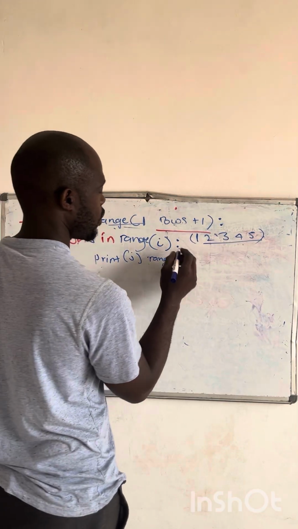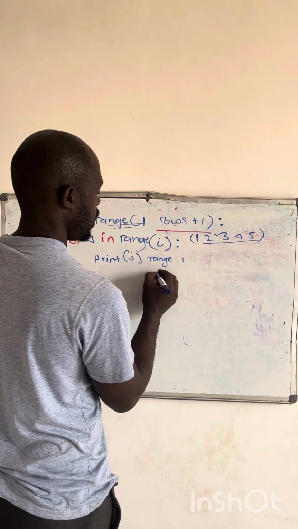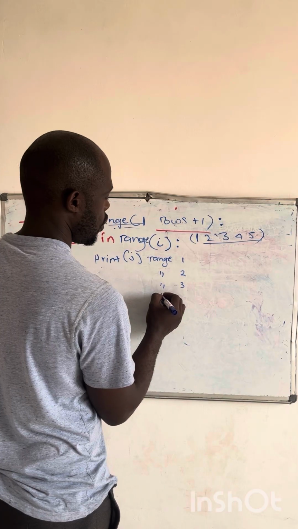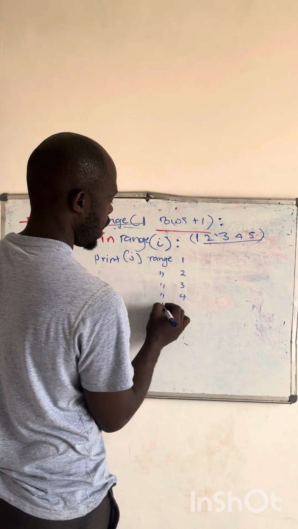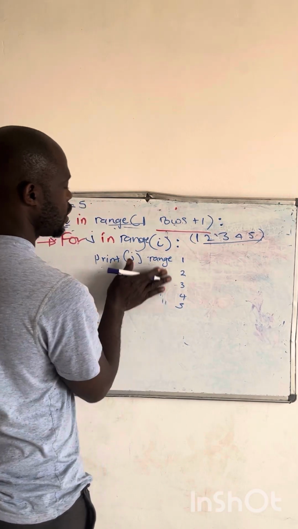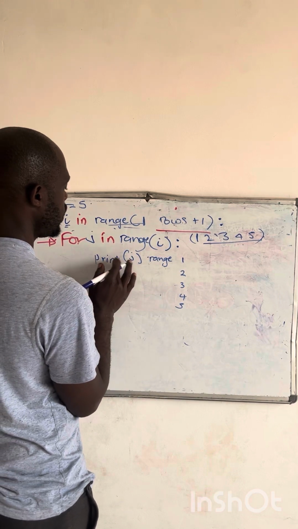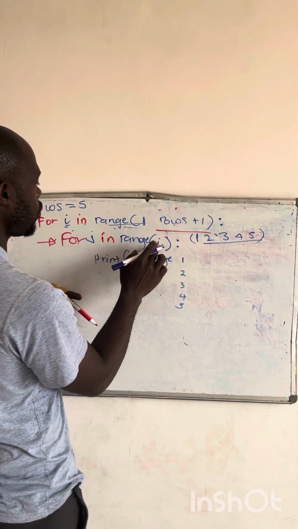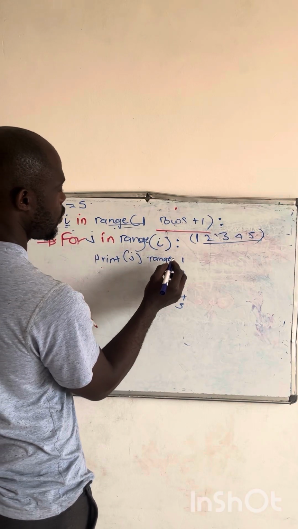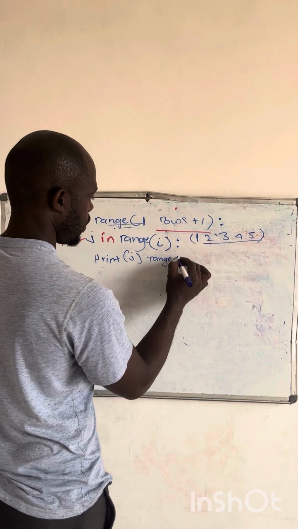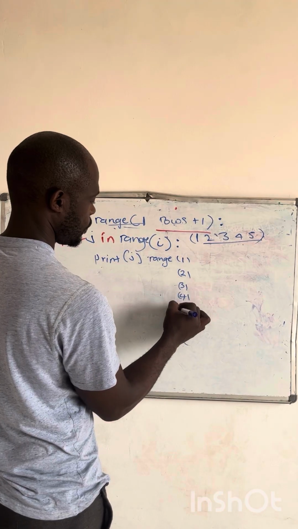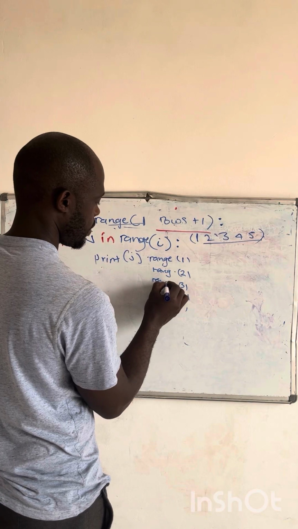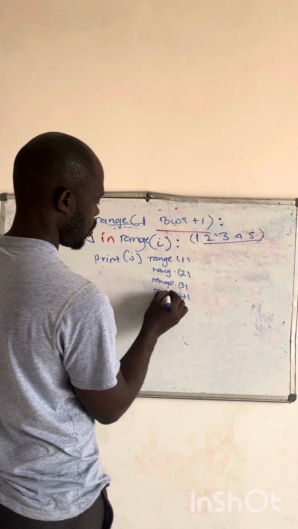It will be range of 1, range 2, range 3, range 4, and range 5. So print j, so range i is the range of these numbers here. Just put range on each of the numbers, okay?